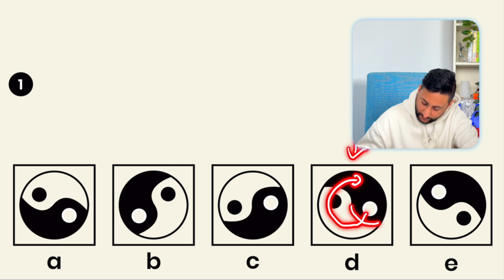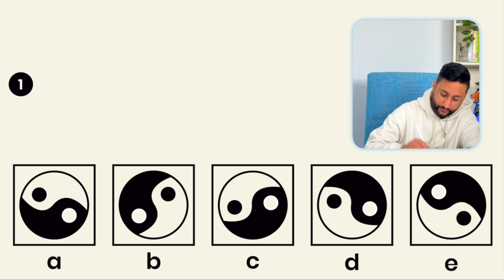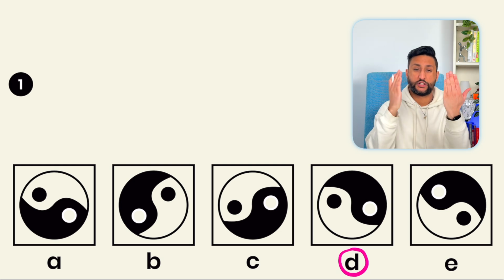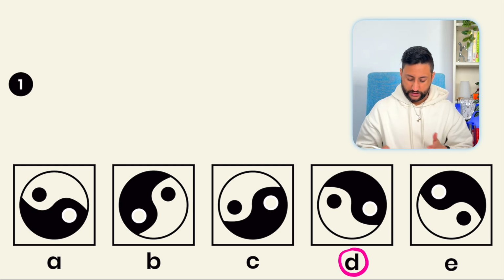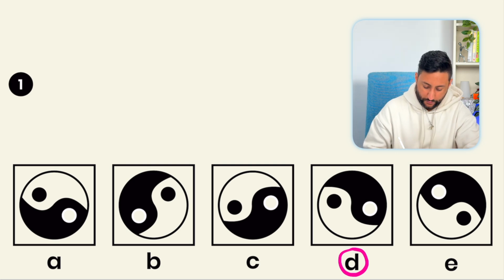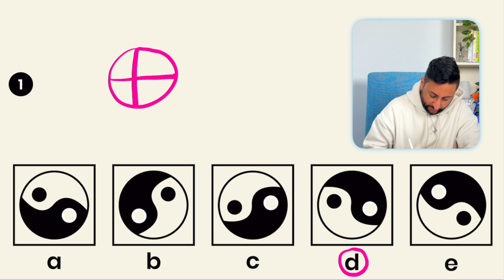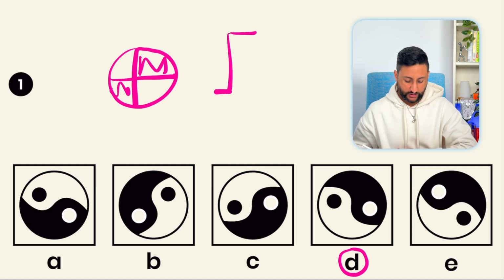So it could be that one. And then we have white dot, black pointing outwards, anti-clockwise. So D has actually been flipped over. If you see any shapes like this yin-yang symbol or car logos and things like that where they've got rotational symmetry, they're going to be rotational symmetry questions.